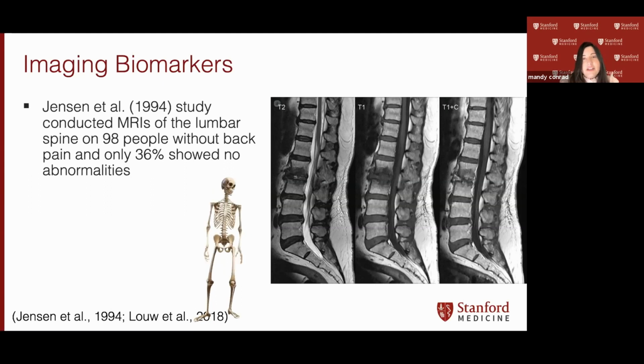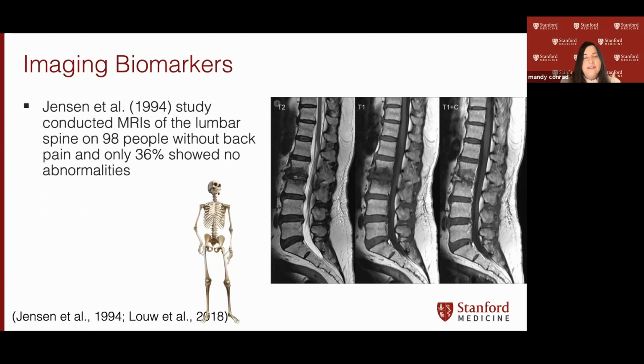To make sure that this study wasn't biased, they did a couple of other things too. They took approximately, I want to say, 27 scans of individuals who were experiencing pain and who also had abnormalities, and they mixed it in and had 2 neuroradiologists take a look at the scans and try to determine who has abnormalities and who might be feeling pain from that.